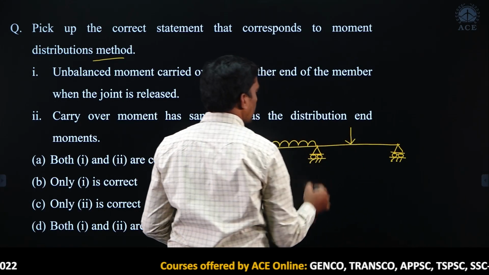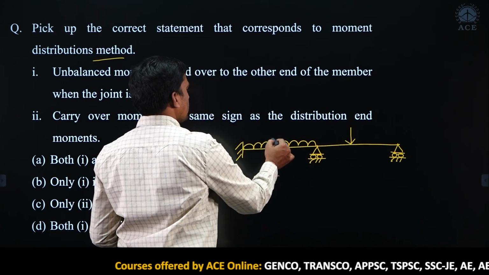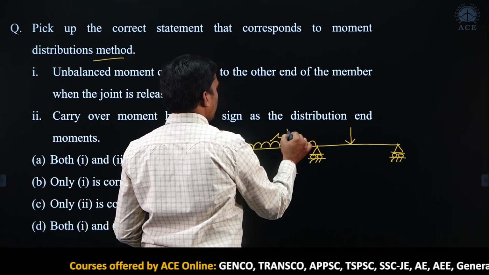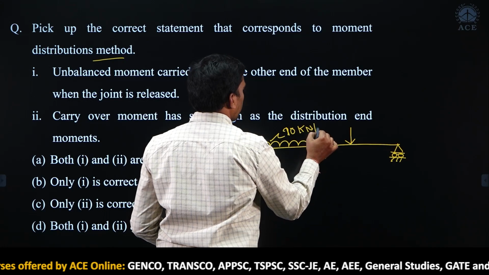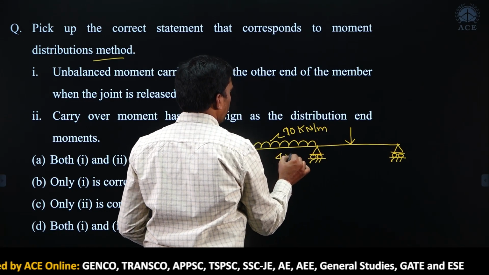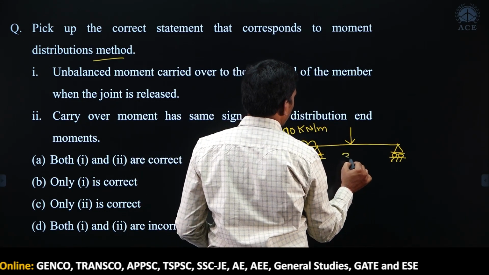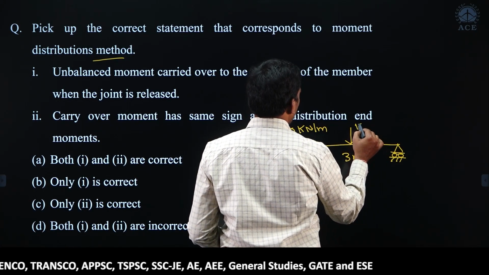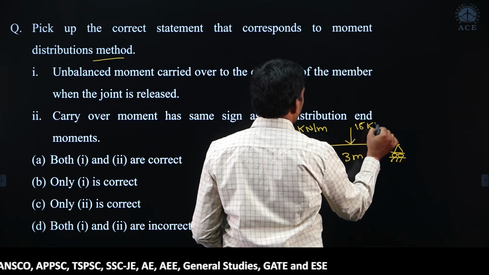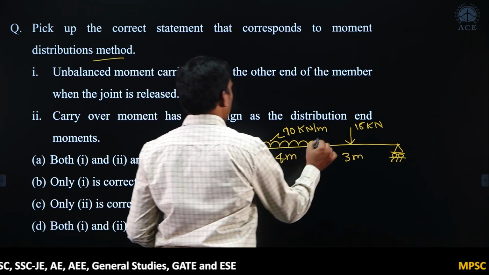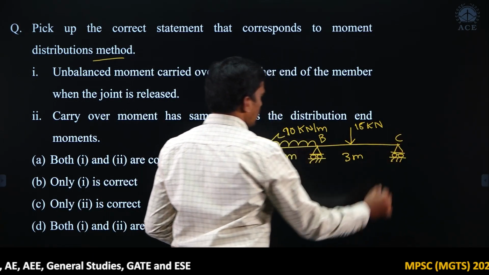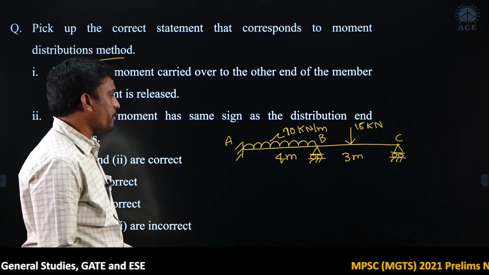I gave some values here, for example 10 kilonewton per meter, 4 meter, and 3 meter, and here some 15 kilonewton, whatever it is. So here A, B, C, yes or no.